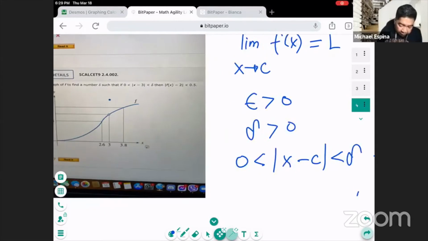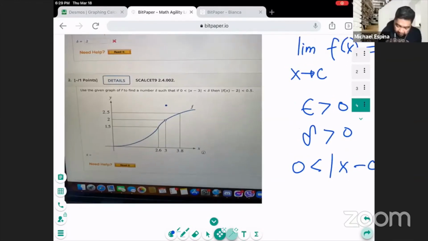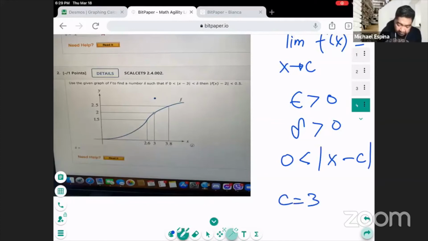Since from this drawing, 3 is actually our C. So C is equal to 3. 3.8 will be C plus delta, and then 2.6 will be C minus delta. And then epsilon is 0.5.